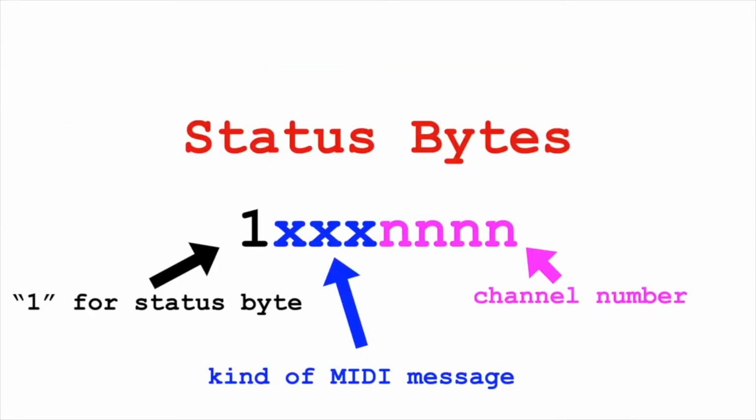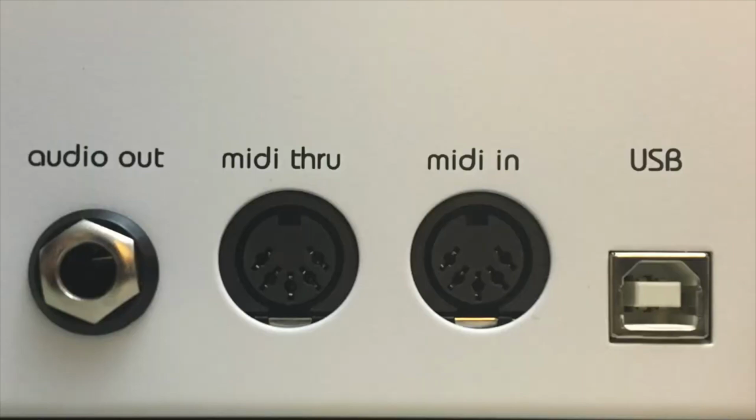Now, if we go back to the status byte, you'll see that there's only 3 bits available for the MIDI message and 4 bits available for the MIDI channel number. So the MIDI channel number is a value in the range of 0 to 15, hence you've got 16 MIDI channels available. So essentially each MIDI connection could carry 16 channels of MIDI.